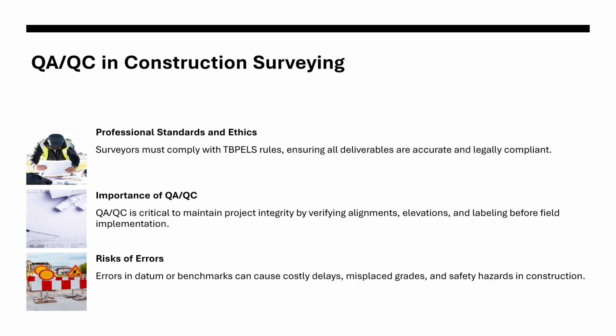Think back to Lecture 6, where we discussed the importance of benchmarks and datums in our site surveys. If a surface is tied to the wrong datum, every elevation derived from it will be wrong. In construction, that translates directly to misplaced grades and failed infrastructure. QA/QC is the surveyor's safeguard against these risks.